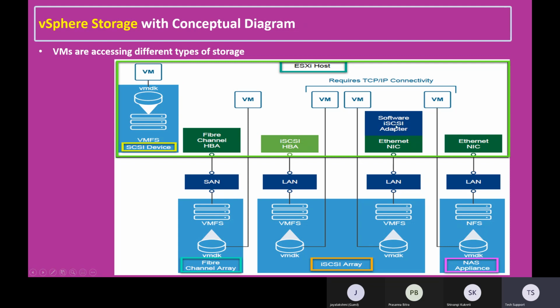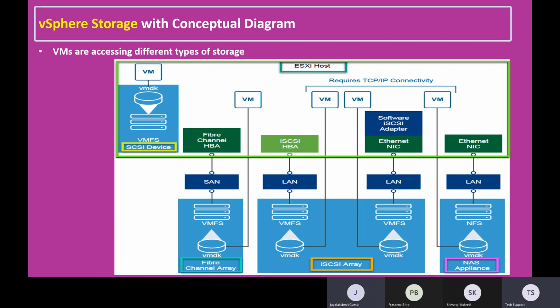Even with software iSCSI, we can connect to the iSCSI storage. Only for the storage area network do we need HBA cards. For local storage, we don't need any card, and even NAS storage we can access using a normal network interface card. Clear? Okay.